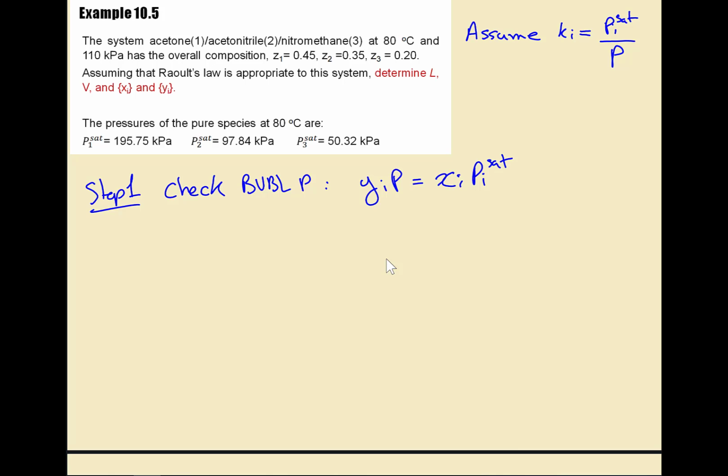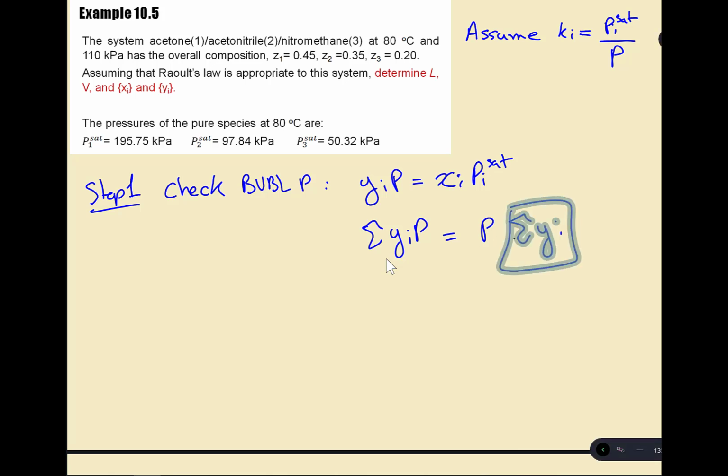So we would know all the x's, but we wouldn't know the y's. So to find the pressure, we would isolate the y, do the summation, and get P equals the sum of everything that we see here. And that would be the bubble pressure. Remember, the sum of y_i P is equal to P times the sum of y_i. The sum of y_i's is 1, so it disappears.